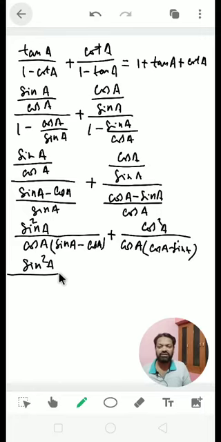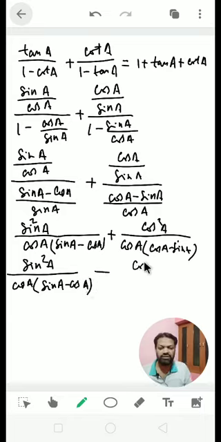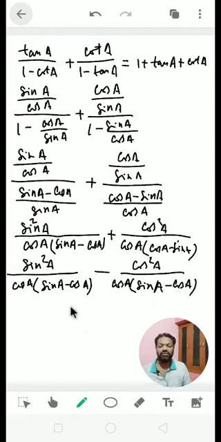So this is sine square A by cos A, sine A minus cos A, and this will become minus, and this is cos square A upon cos A. This will also be reversed, sine A minus cos A. Now it becomes easy to take the LCM.